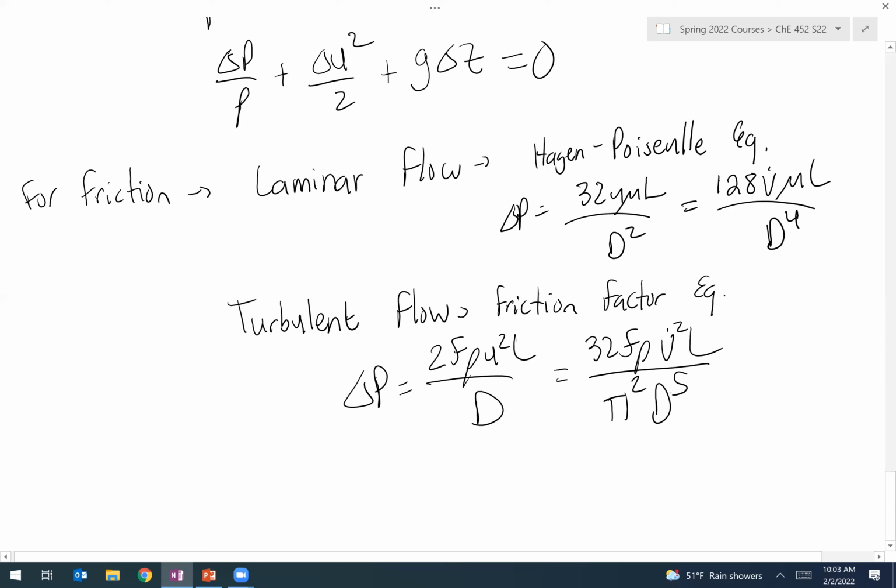It's important to keep both in mind, depending on if you're wanting to relate velocity to pressure or your flow rate to pressure and friction. Hopefully this is starting to sound familiar.